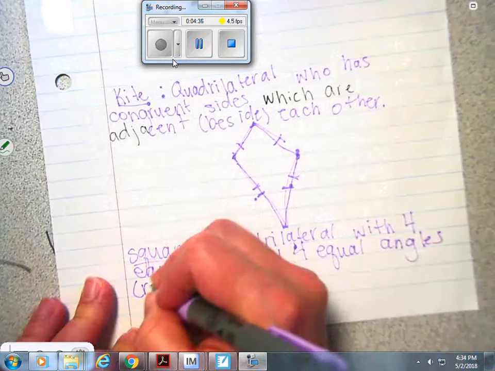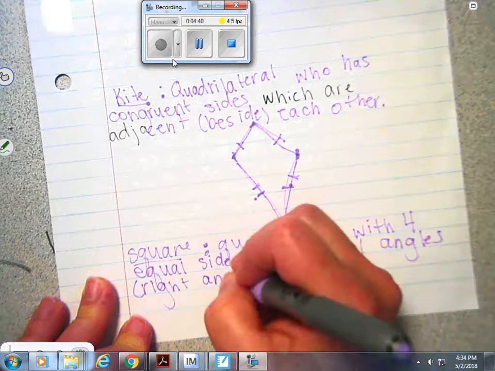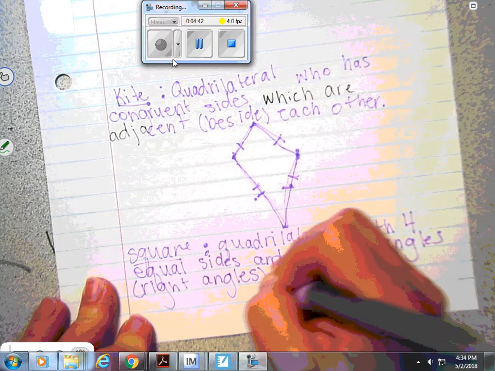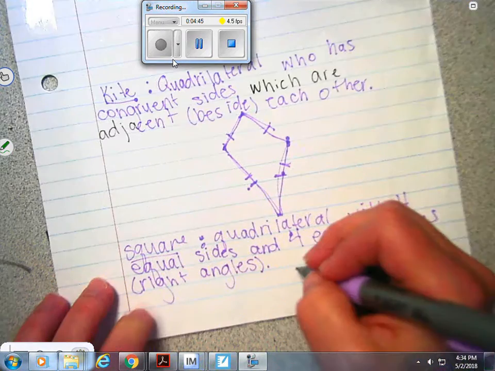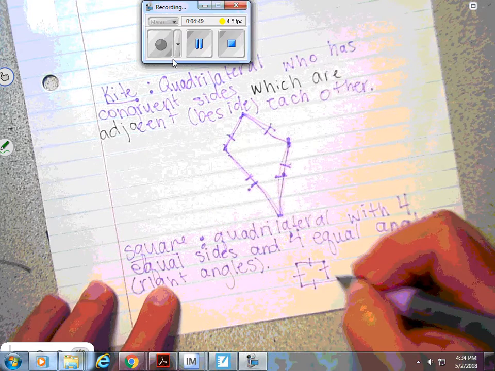Those angles are always going to be right angles. And that's going to look like that.